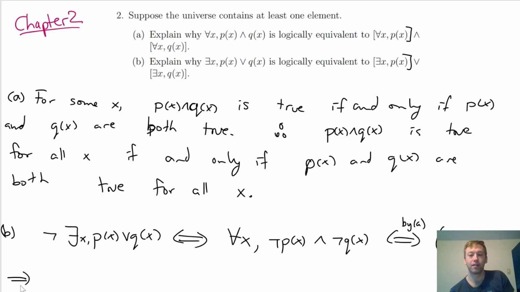But then this is the same as pulling out the negations from both of these things and then using De Morgan's. So this is the negation of there exists x, p of x, or there exists x, q of x.